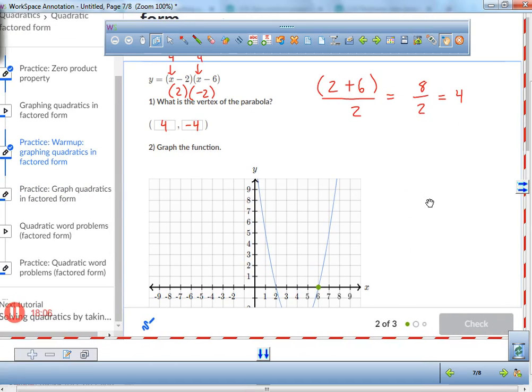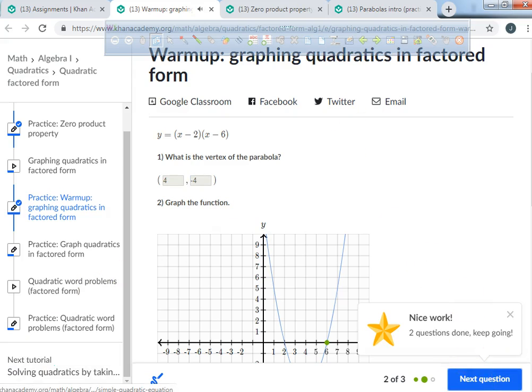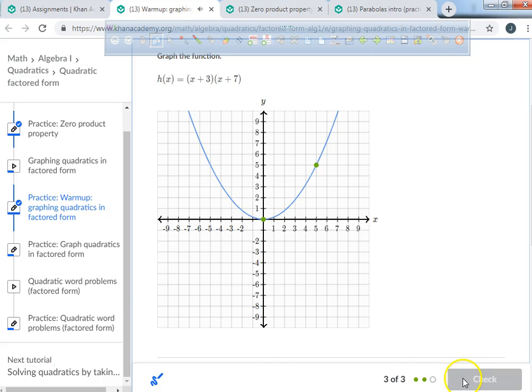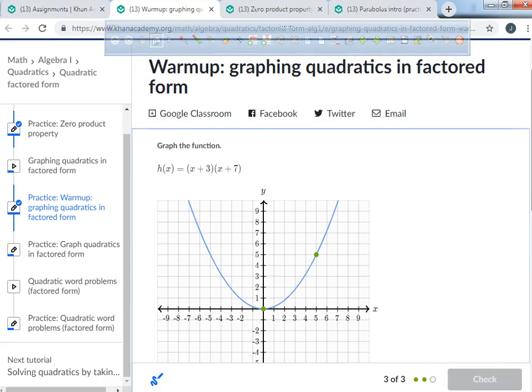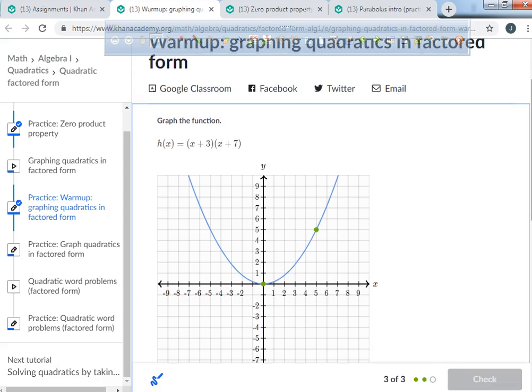Okay. This one's just asking you to graph it. So all you have to do is graph it correctly. Make sure the vertex and the roots all match when you graph it.